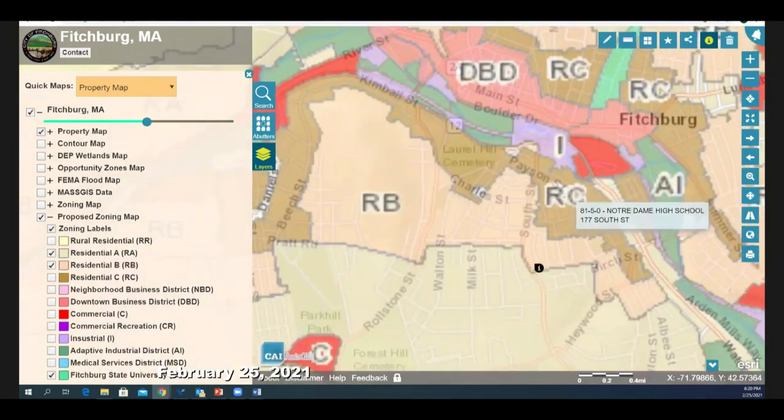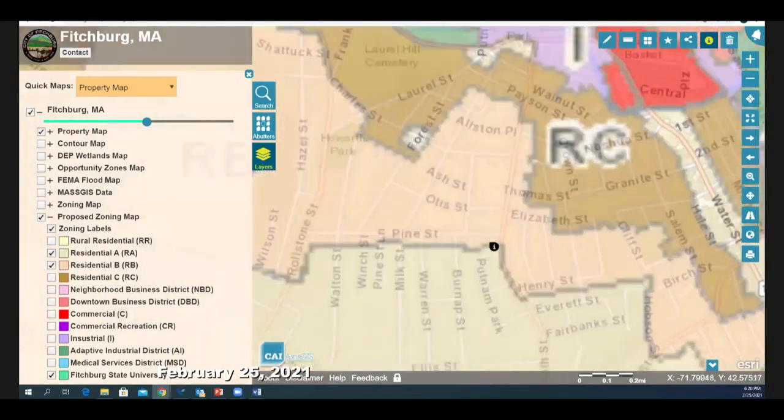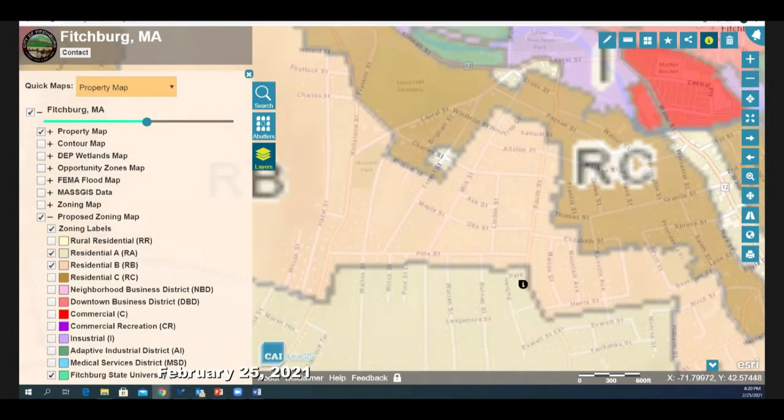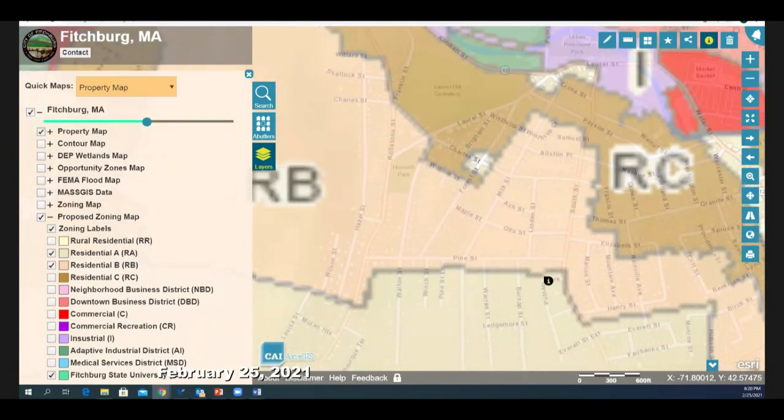So is there some type of distinguishing piece between the two, where you have 1, 2, and 3 families in RB and then a 7-unit mixed in? Right, and I can't speak for Councilor Zarella, but I think that was the crux of it: as you work out from the center of the city where it gets more dense, maybe this is a transitional moment.